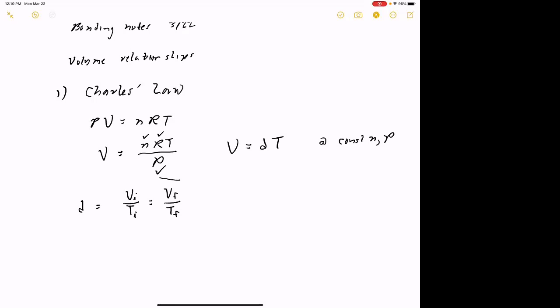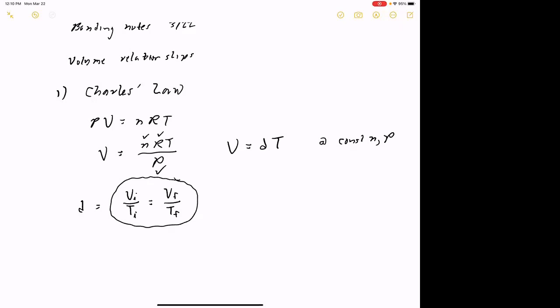Okay, so that's the useful form in terms of initial and final conditions for the volume relationship of Charles's law. Okay. So in other words, I can just recast Charles's law, the temperature law, in terms of volume instead of pressure. So that's another useful variation of it.